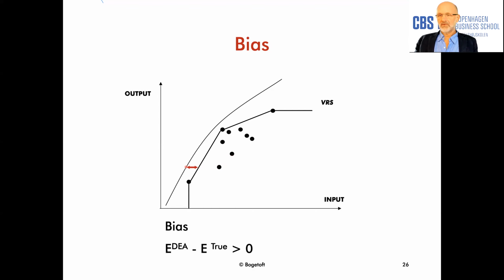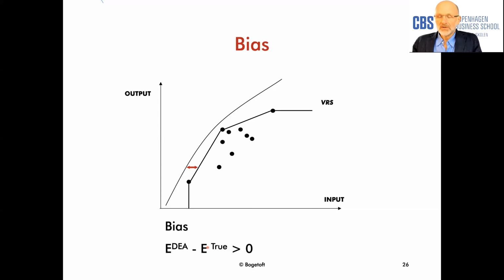So this whole move might have given an efficiency score of 0.7. So there's actually a 10 percentage point difference here, and that's what we call the bias. That's really the difference between the DEA score and the true efficiency score. So that's a bias problem, okay?